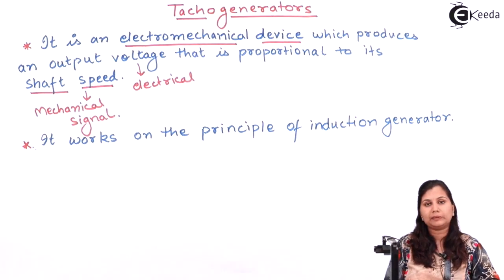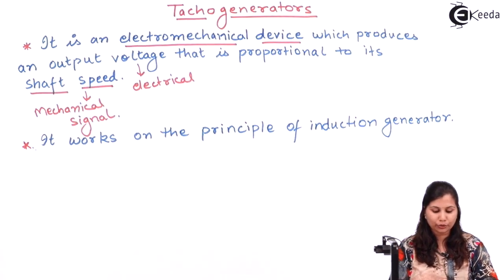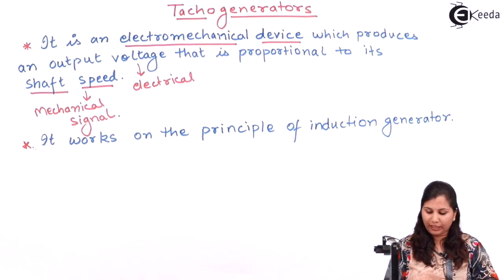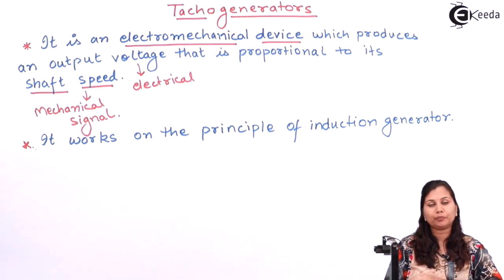According to this principle, the output voltage or the torque is induced in the shaft. It is induced due to the rotation of the rotor, and we have the shaft speed. So this shaft speed is inducing an output voltage in the terminals.